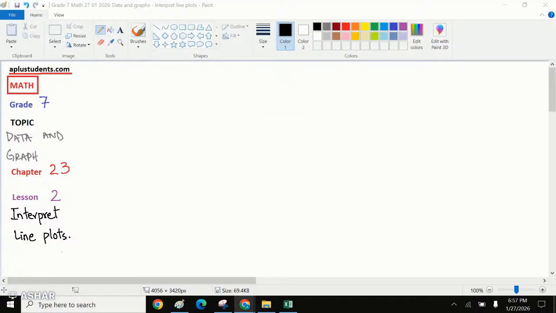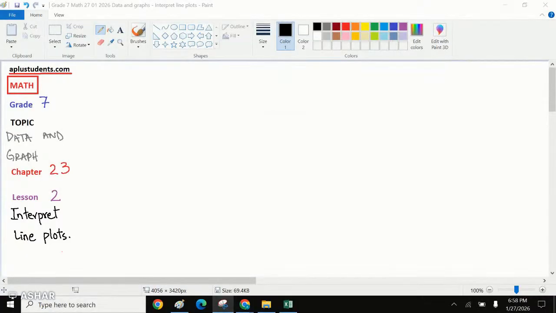Okay, just a moment please. Grade 7 maths, chapter number 23, data and graphs, and lesson number 2, interpret line plots. Okay, so let's have a look at what a line plot exactly is. Then we'll try to find the question and the information they're asking us.